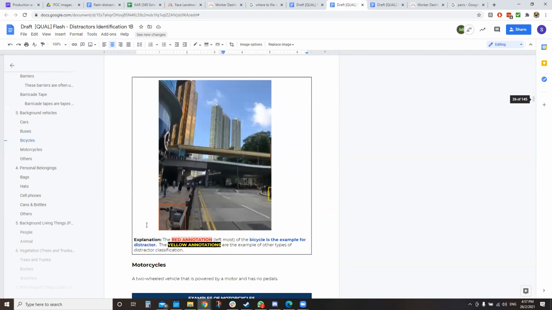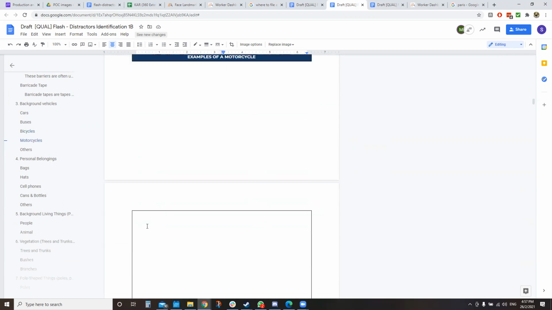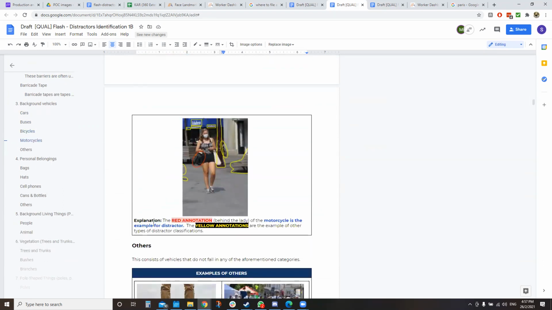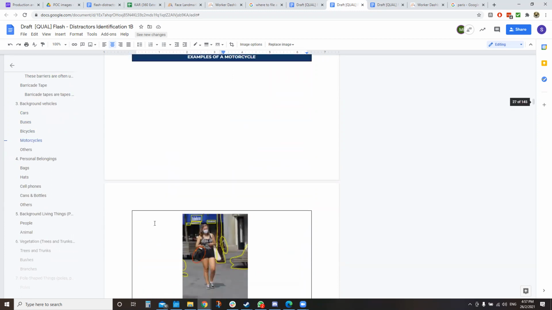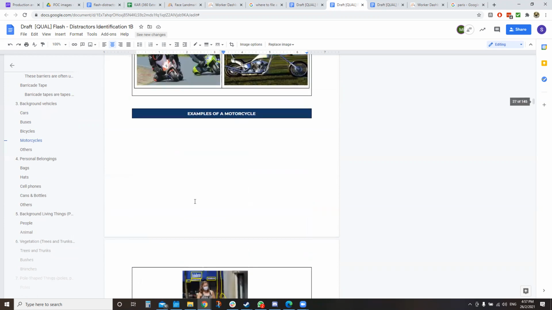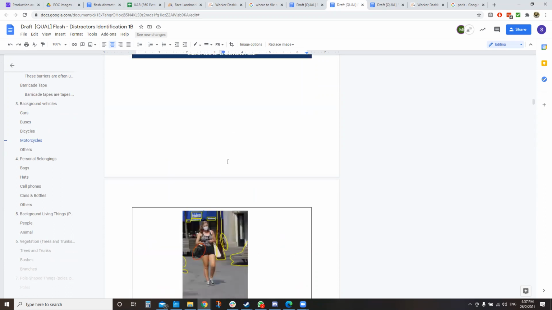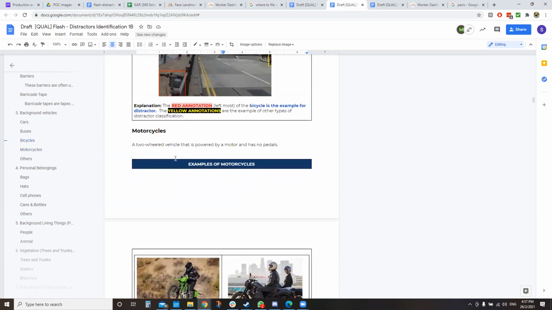Bicycles. So it just goes on and on. Not pretty straightforward. I want to focus on different, difficult stuff. So here you see a bicycle. Wait, no, this is what? Motorcycle. This one is a bicycle. It's annotated, but it falls under bicycle.